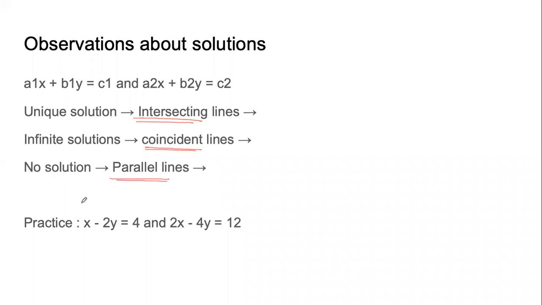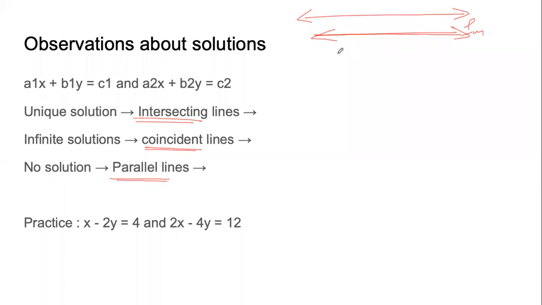As we saw in the previous example, when we plotted the points, we saw that they were intersecting lines. We know lines can also be on top of each other like this, L and M. Lines can also be parallel, P and Q. Now using the same concept, if the lines are parallel, there is no point that is common between them.